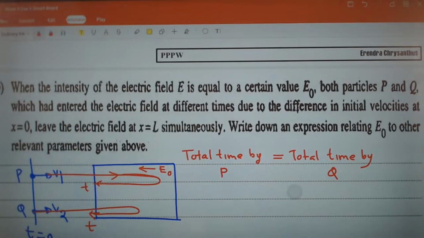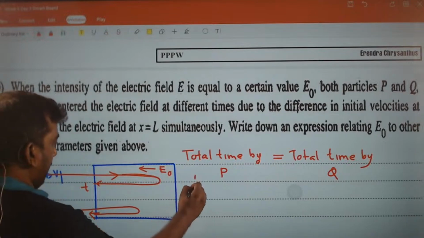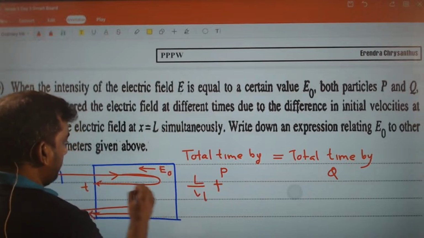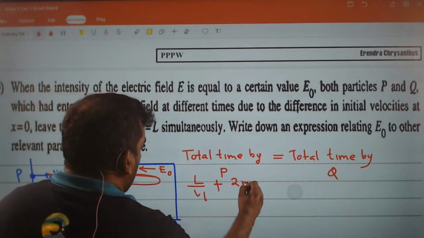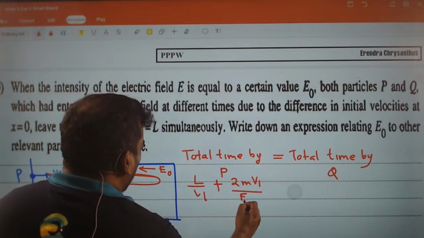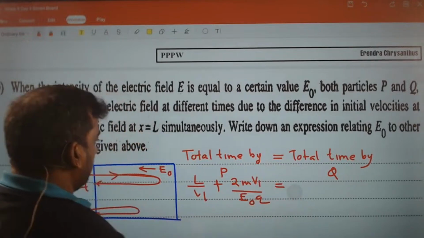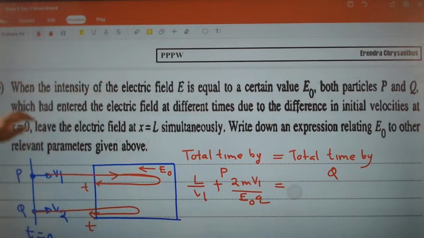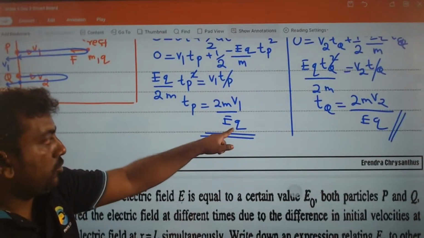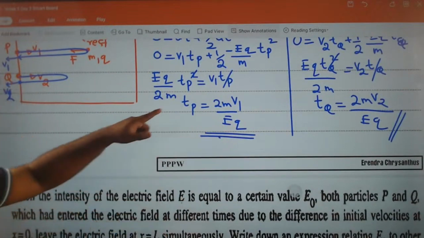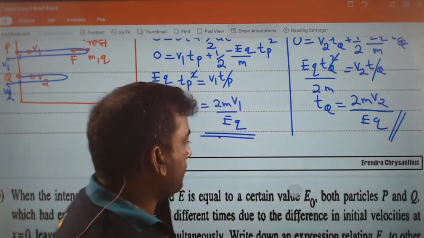Write down expression for E naught, right? So time by P outside is L divided by V1. Inside, of course, you have found 2m V1 divided by E naught Q. You can substitute E naught. So inside we know the time, now you put E naught. For there also E naught.